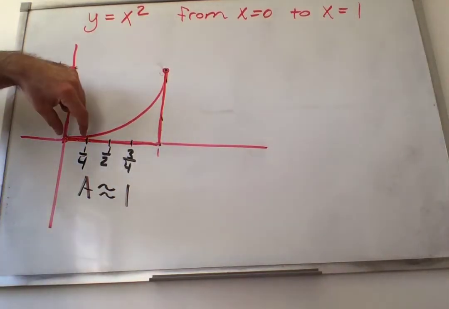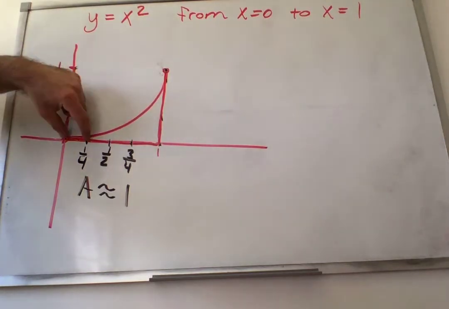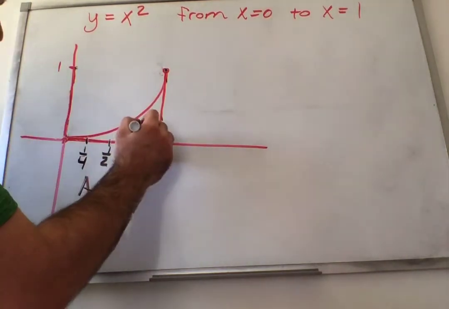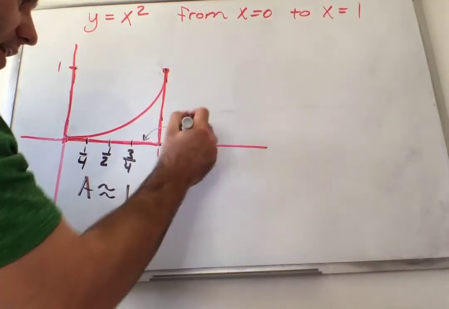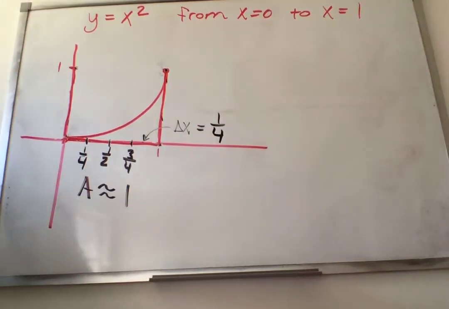So each distance is not 1/2, sorry, it's 1/4. This little distance right here we call delta x, and in this case our delta x is 1/4.